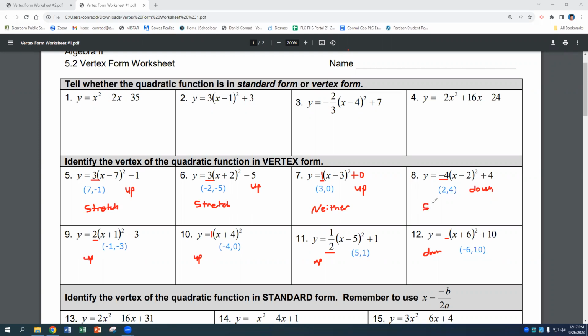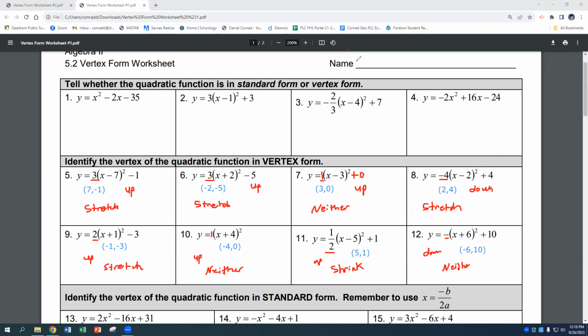That's greater than 1, so that's going to be a stretch. Bigger than 1. It's 1, so it's going to be neither. It's half, so it's less than 1, between 0 and 1. The absolute value of A is between 0 and 1, so that's going to be a shrink or a compression. Interchangeable words. And then this is going to be neither because it's at 1.